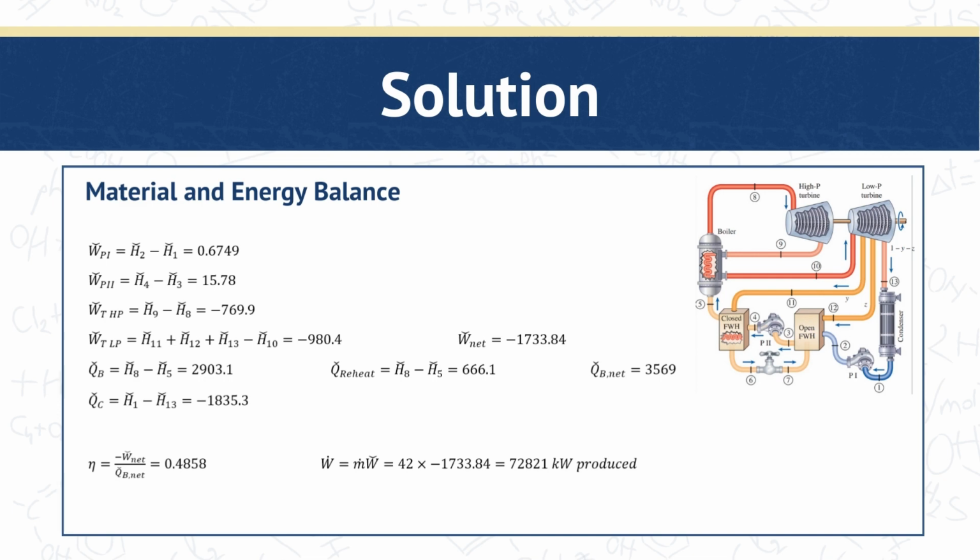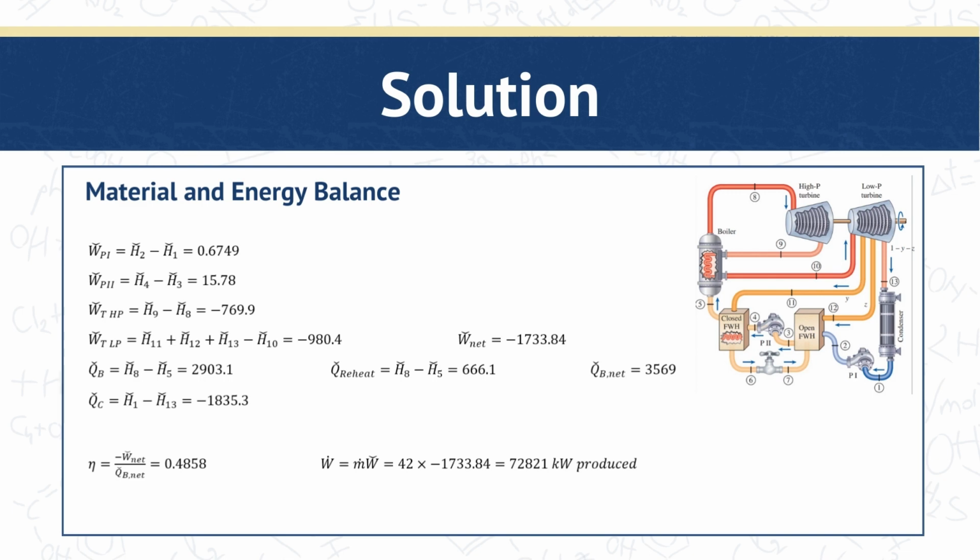So for the streams, THP for the high pressure turbine and TLP for the low pressure turbine, we have our energy balances, and as you can see with our calculated values, the energies are negative, meaning that they produce energy.